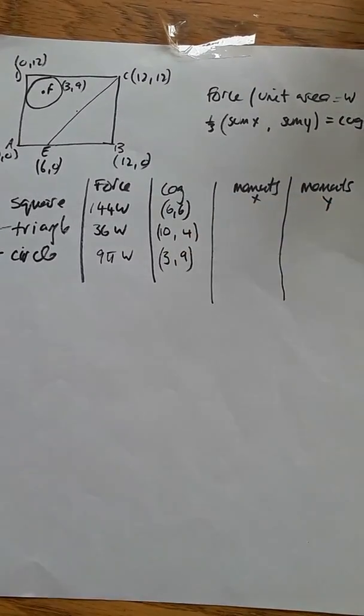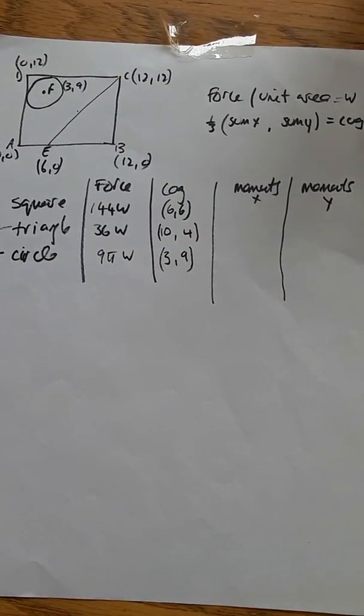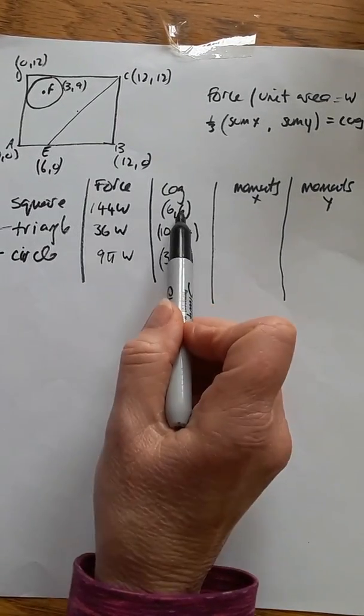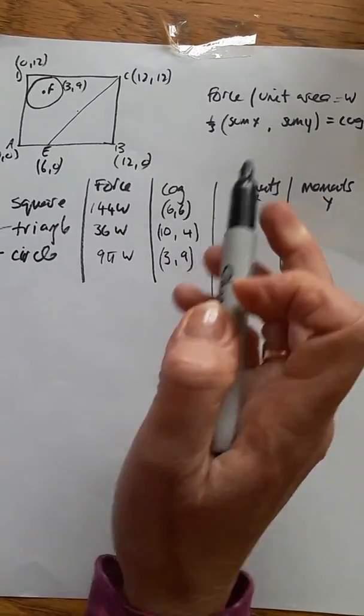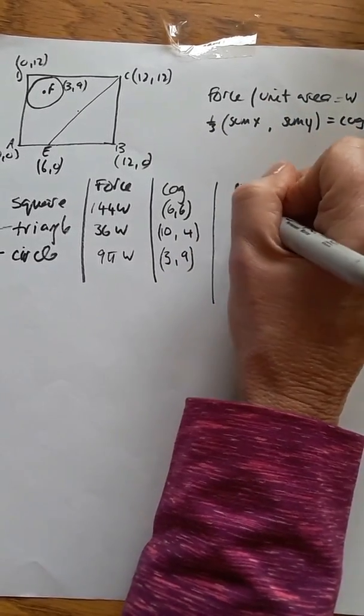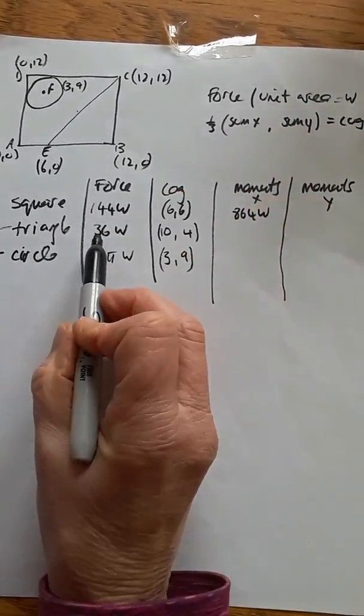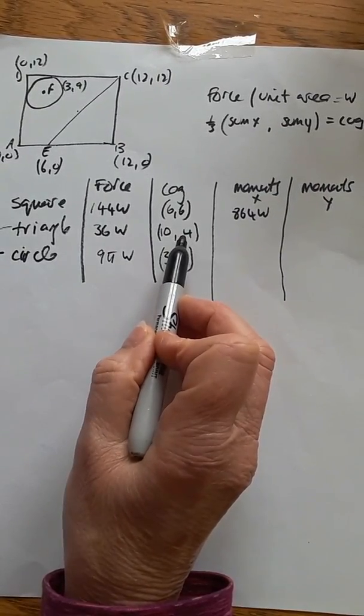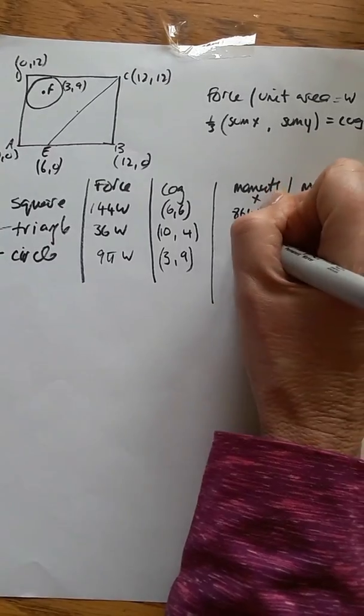Okay, so that's my information. Then I continue as I was doing with the point systems. The moments about the x-axis will be 144 by 6, and when I work that out, that becomes 864W. The moment for the triangle is 36 by 4, and that is 144W.